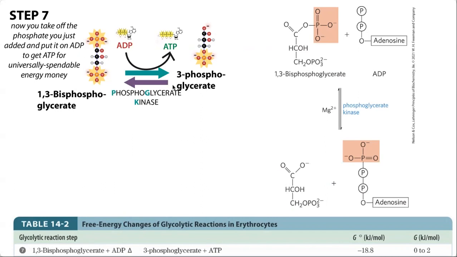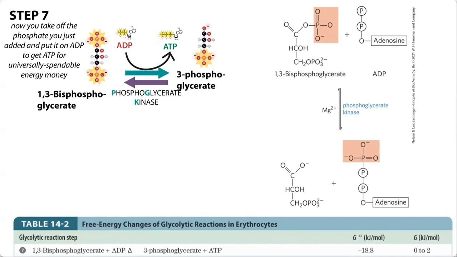So that's how we name kinases, in terms of what they're actually going to be adding the phosphoryl group to. So we're adding the phosphoryl group to 3-phosphoglycerate to give us 1,3-bisphosphoglycerate. But we can also do the reverse direction and add the phosphate group to ADP, but we don't call it an ADP kinase.